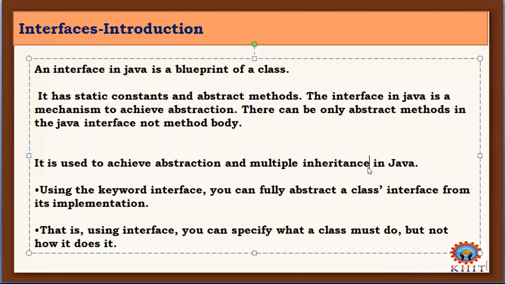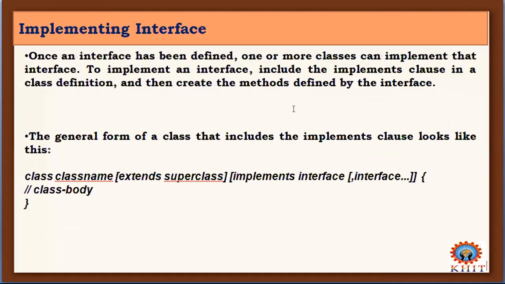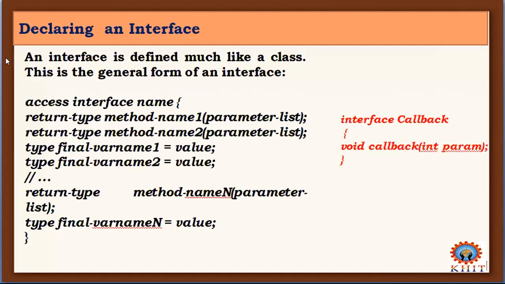And if you want to write an interface, you must start with the keyword interface. Okay, so we have to write the keyword interface first and then the name of the interface. So that we'll see in the declaration section. Right. So how can we declare an interface? An interface is defined much like a class.